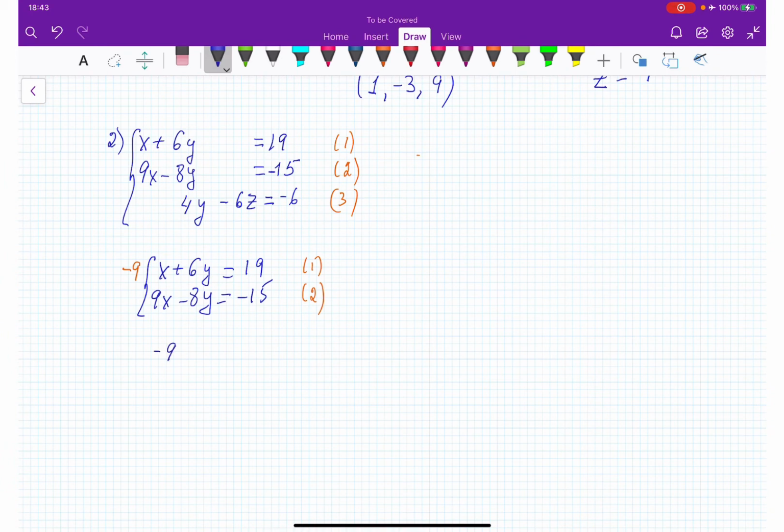Negative 9x minus 54y is equal negative 9 times 9, 81. Okay, 9x minus 8y is equal negative 15.